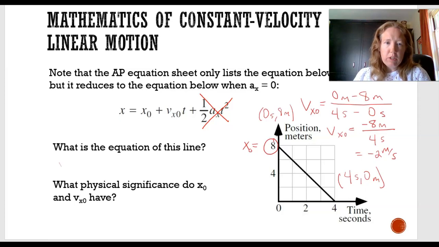So then the equation of the line will be x equals 8 meters plus -2 meters per second times time.